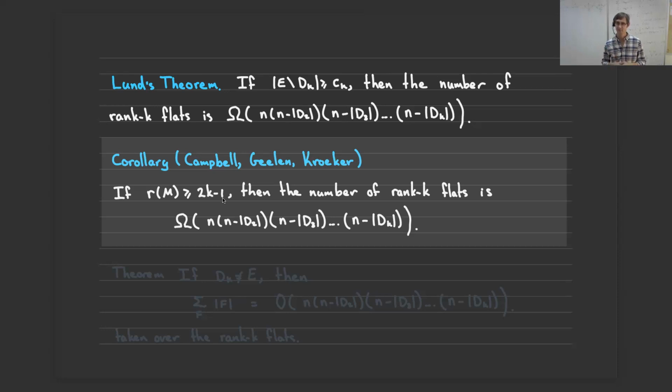I won't explain that any further, but the rank of a k-degenerate set is less than 2k. So as long as the rank is at least 2k, we have a very good estimate, correct up to a multiplicative factor, on the number of rank k flats.